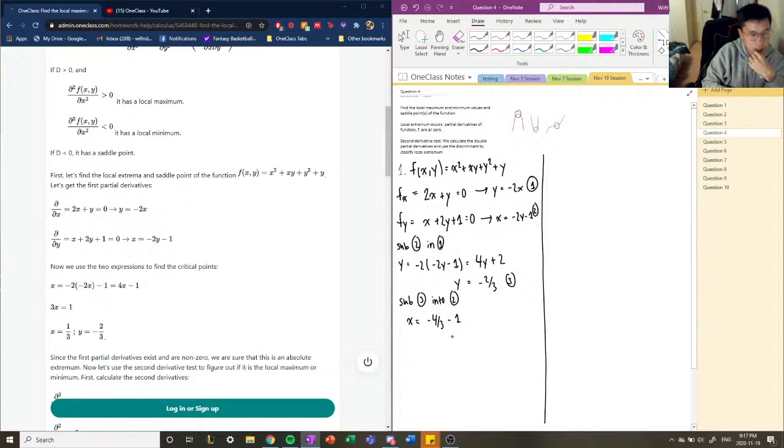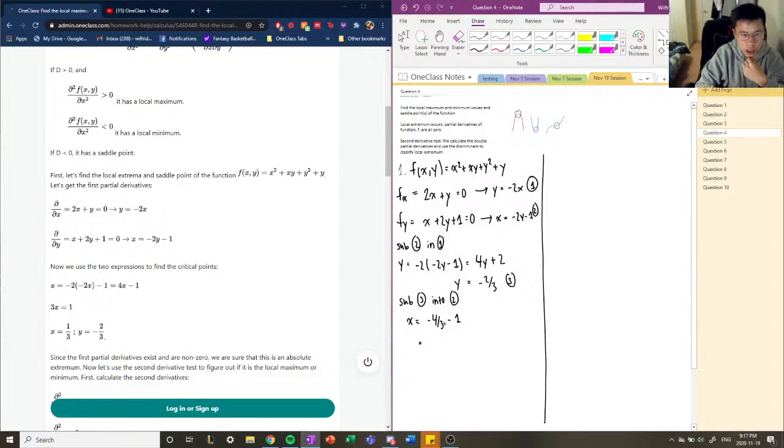Why is my x different? Huh. This should be 1 over 3. So we take our x, we sub that in, negative 4y plus 2. And then we moved it over, negative 3y, and then we divided it.